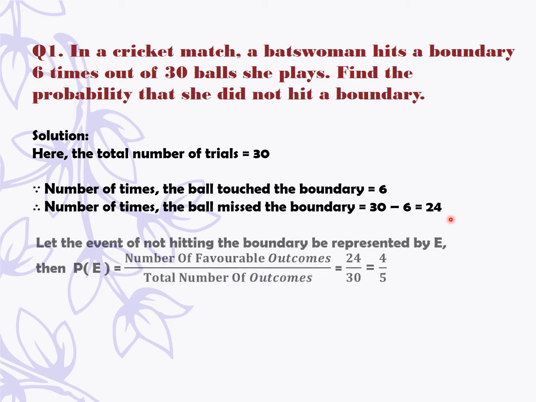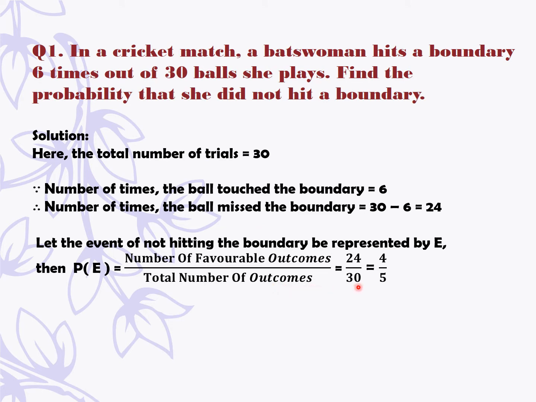Hence, let the event of not hitting the boundary be represented by E. So we will represent the event in terms of E. Hence we can write the probability of E is equal to the number of favorable outcomes, in this case the number of boundaries missed, by the total number of outcomes, that will be 30.